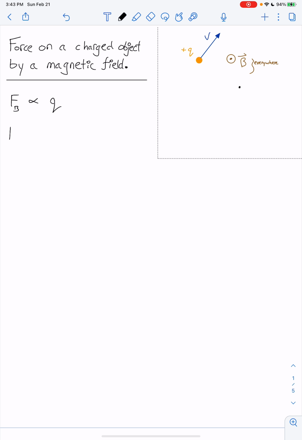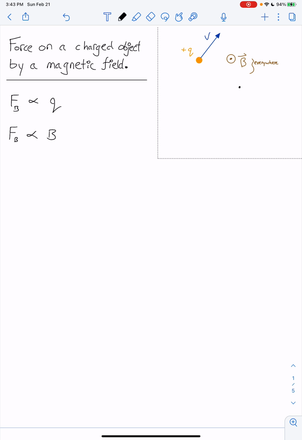Now what else can we change to see the impact on the force? Well, we can change the magnetic field. It turns out if you have a larger magnetic field, you will end up with a larger force on that object. So as the magnetic field goes up, the force on the charged object goes up.